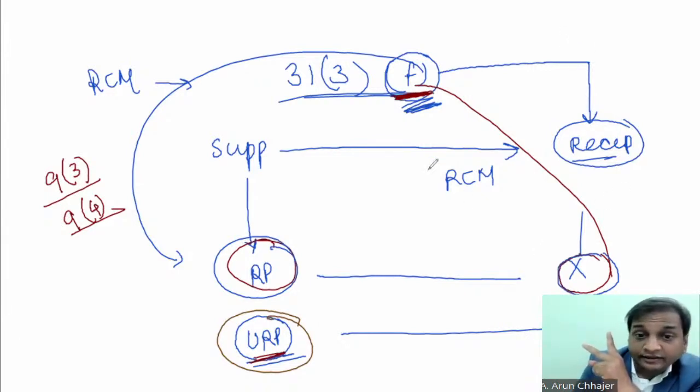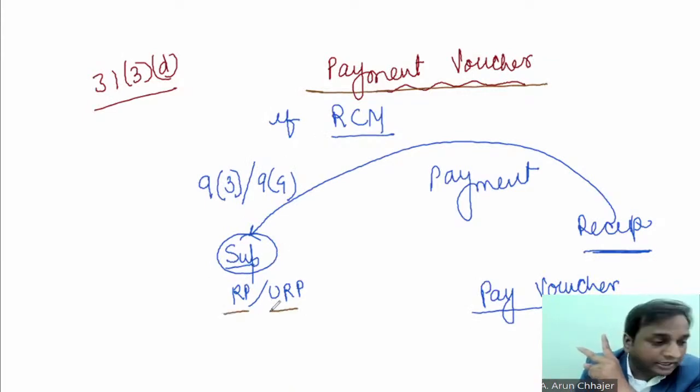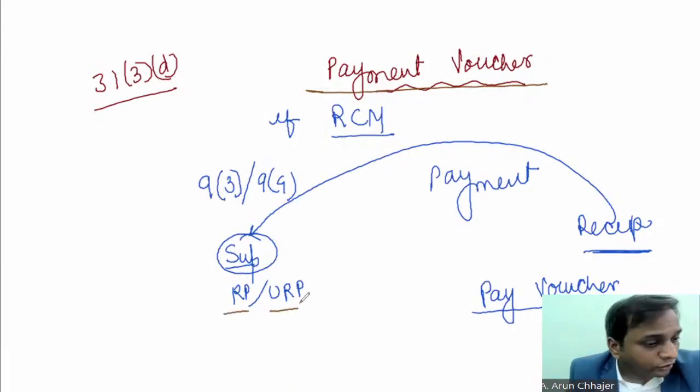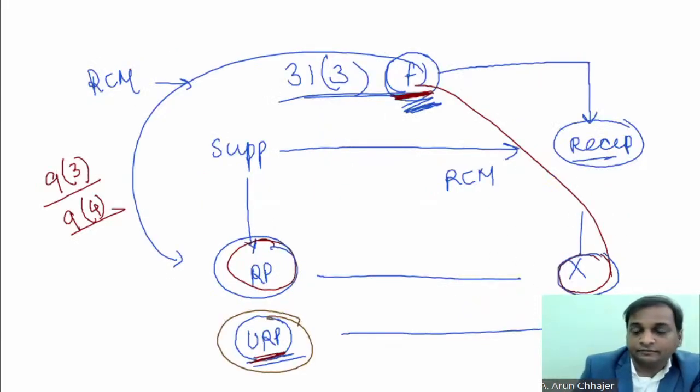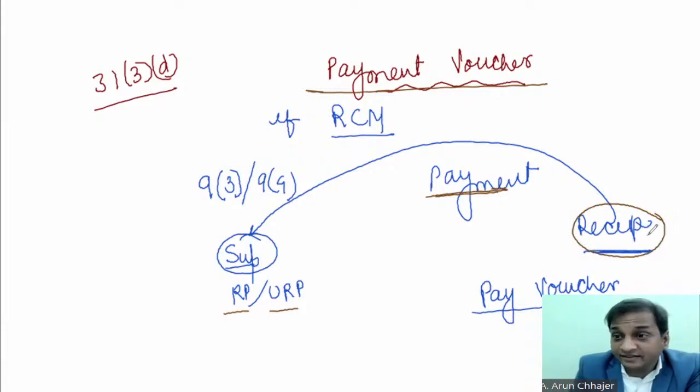Second point, what is the requirement of the payment voucher? Whether the supplier is registered or unregistered, a payment voucher would be issued in every case. I will explain once again. The payment voucher would be required in every case where the recipient is covered under reverse charge.